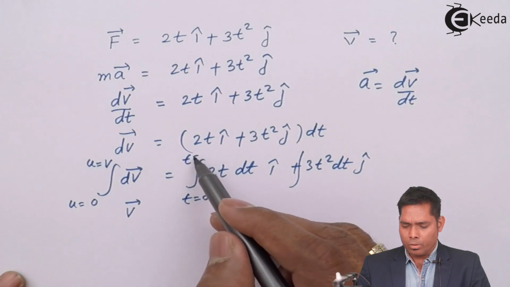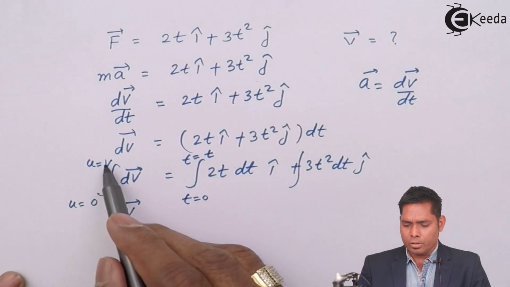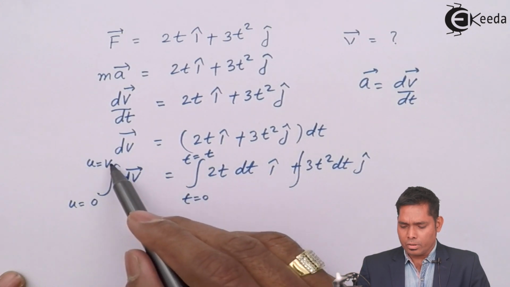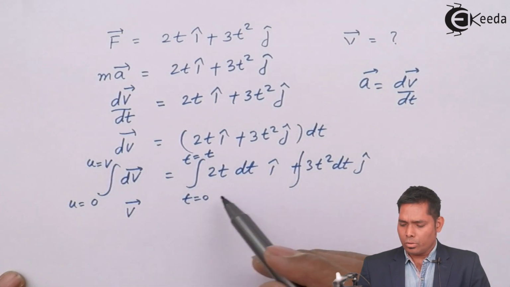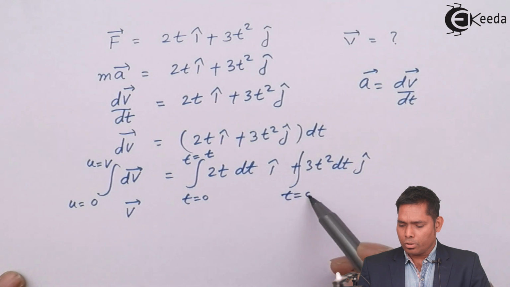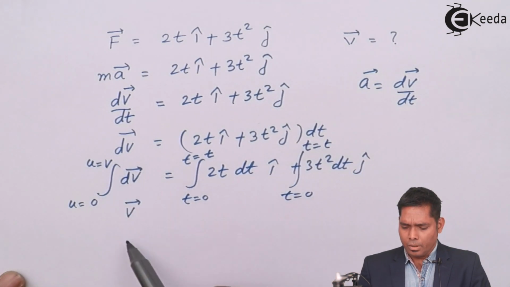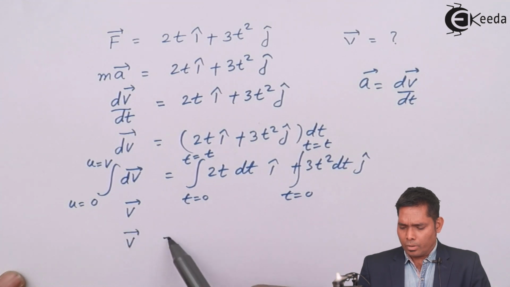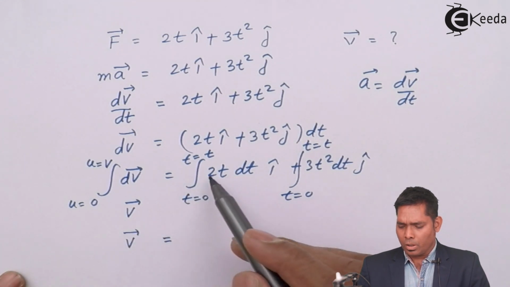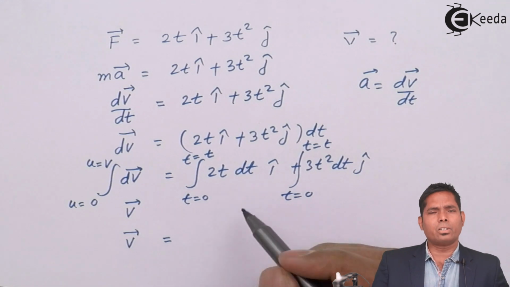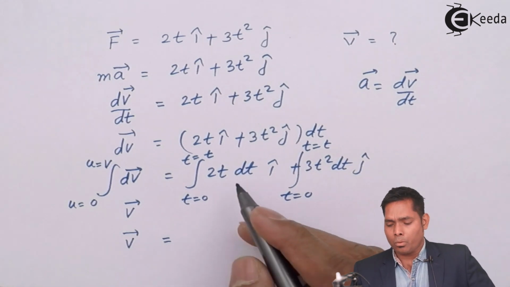When time is any time t, the velocity is v. So we want this velocity when the time is t. So here the limit will be from t equals 0 to t equals t. This will give only v. That will give 2 comes out. This is t dt integration, that is t square over 2.